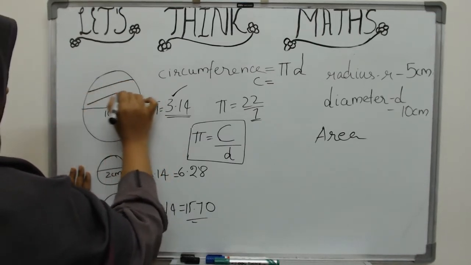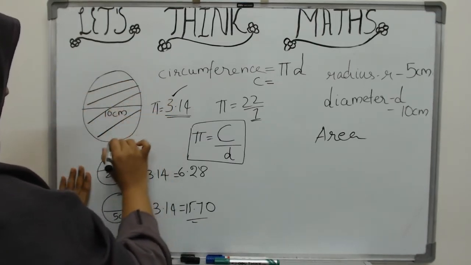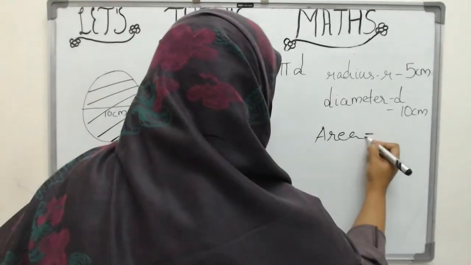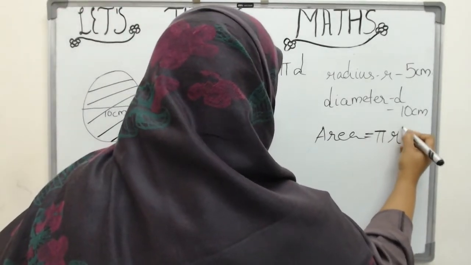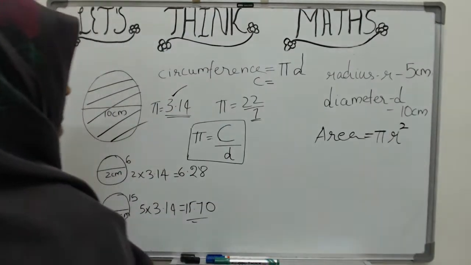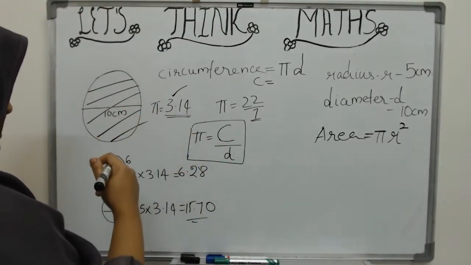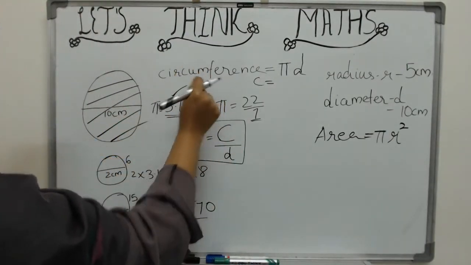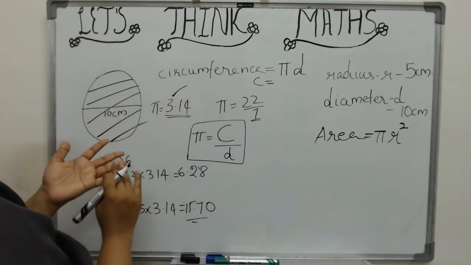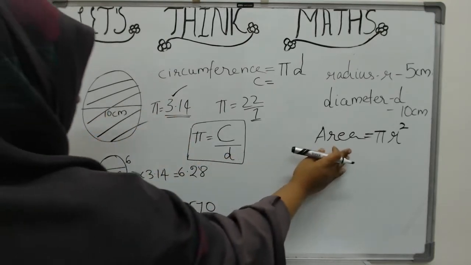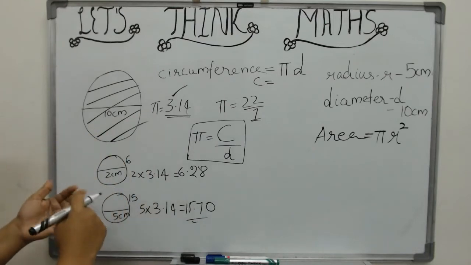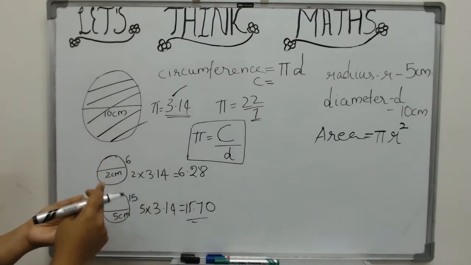But area is this space. And what is its formula? Its formula is pi r square, and we have mentioned this in our earlier perimeter classes also. Circumference is measured in units, meter, centimeter, kilometer, and area is measured in square units, centimeter square, meter square, kilometer square, etc.